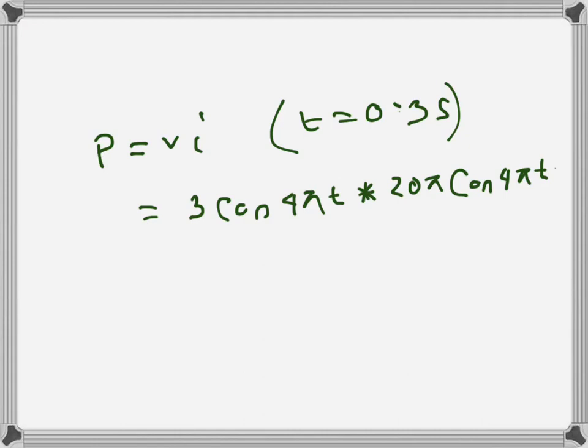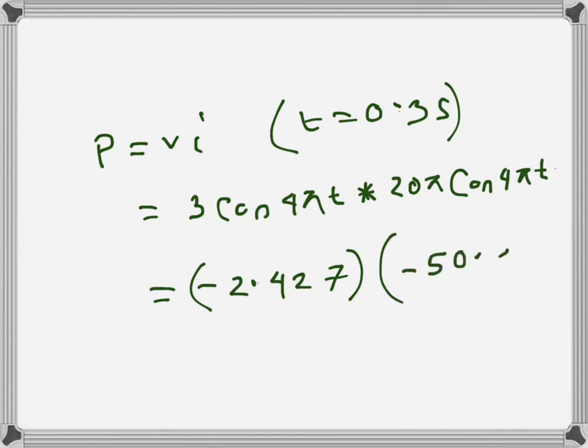Once we plug in t = 0.3 in this equation, I got voltage to be minus 2.427, and current is minus 50.83 milliamps. So the power is in milliwatts. Once it's multiplied, it becomes 123.36 milliwatts.